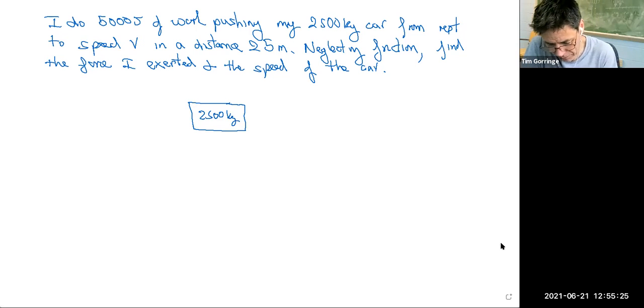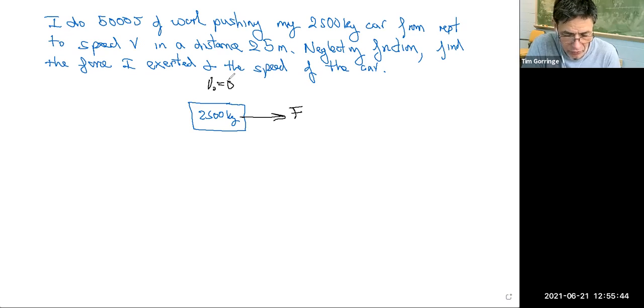Here's the car, and I'm exerting a force on the car. I'll just call it F, towards the right. And because I exert a force on the car, that car, which was initially at rest, I'll call that initial speed V0, is a non-zero speed after the push.